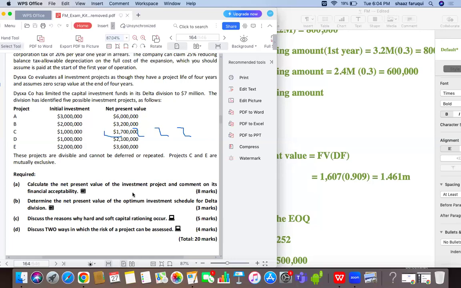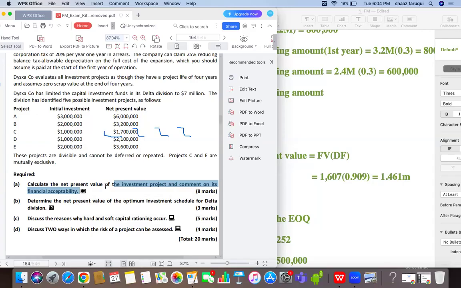Calculate the net present value of the investment project. But that is not the only question. They're also asking you to comment on its financial acceptability. So if you only calculate the answer, you will not get full marks. You will need to comment.